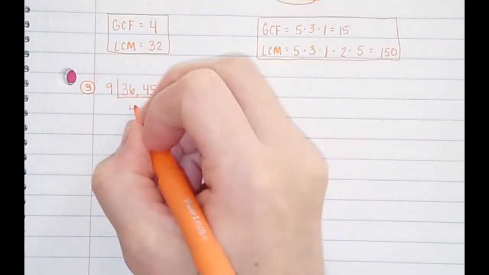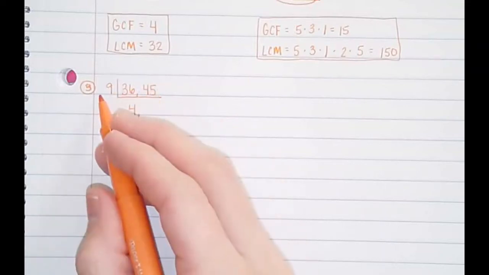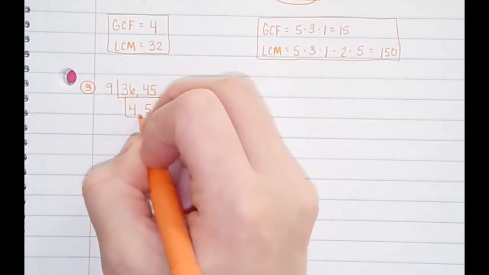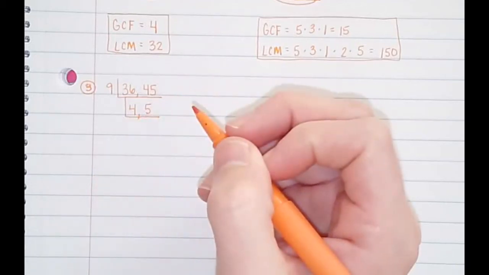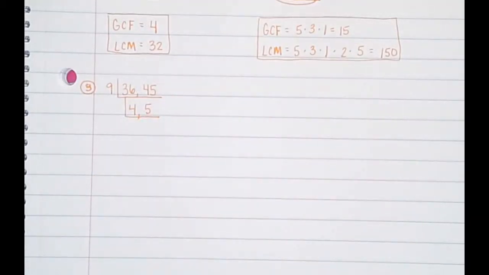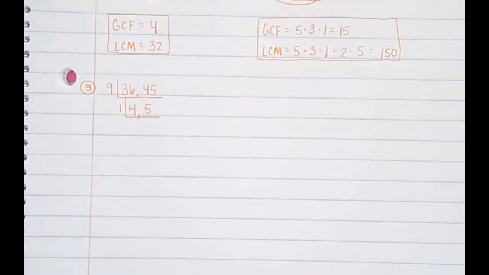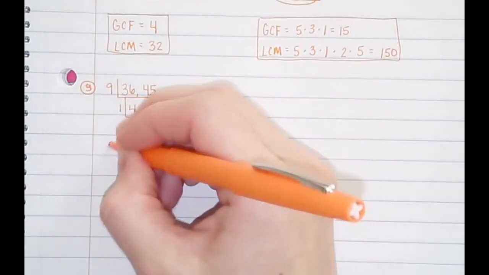Well, what's a number that goes into 4 and a number that goes into 5? My only option is 1. And when I get that 1 on the outside, I know that I can't go any further and that I have to be done. So my GCF is going to be 9 times 1, which is just 9.